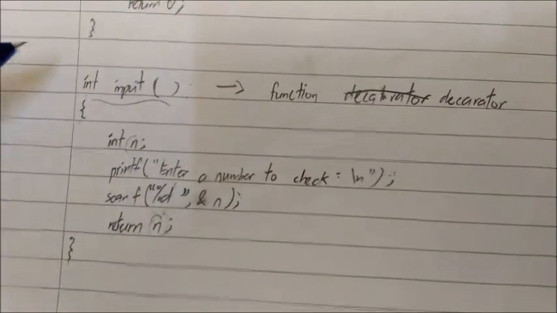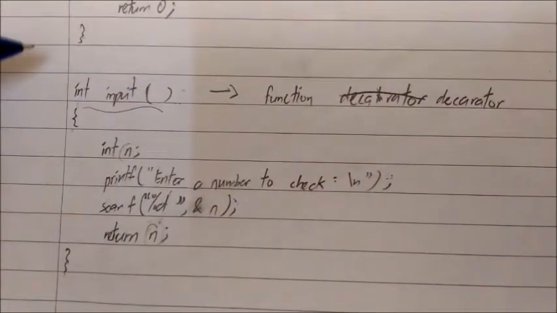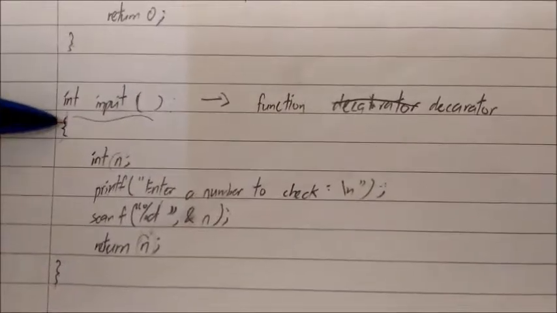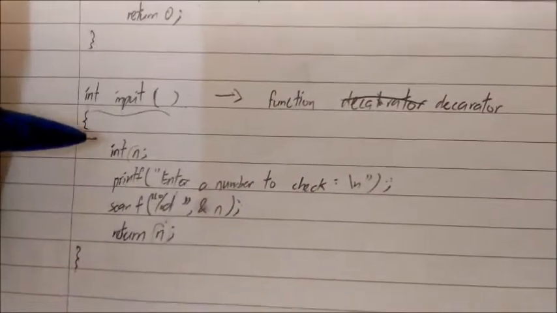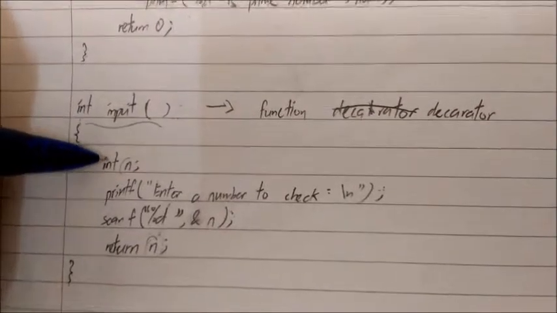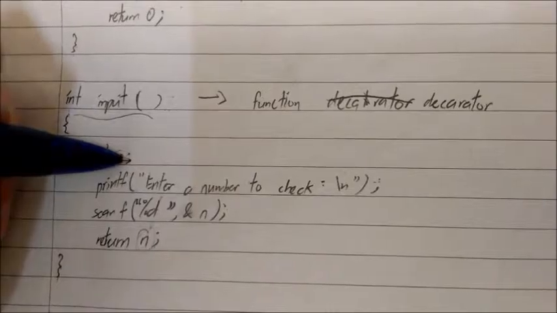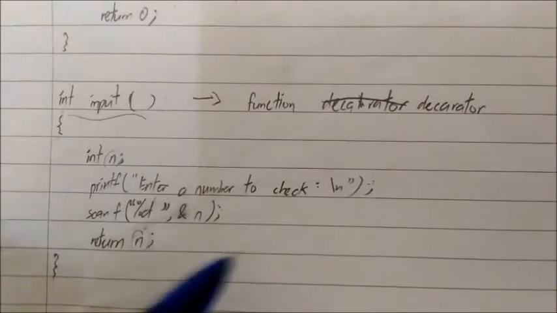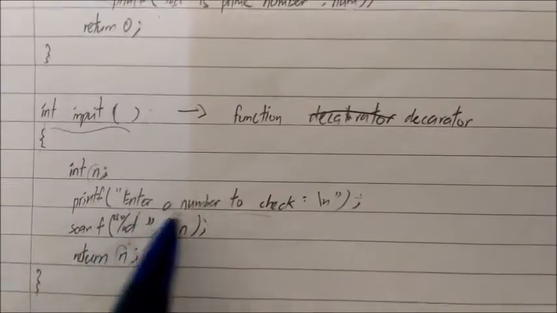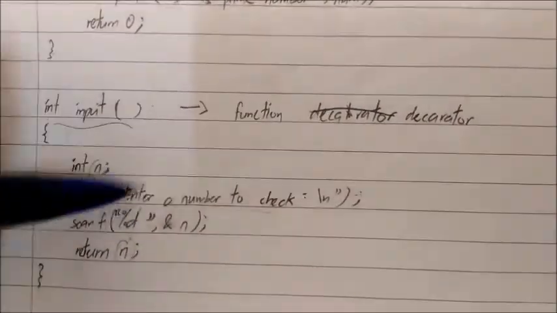And also in the function declarator, we must put the curly bracket. In the function declarator, we use integer n, and printf. This statement will also display in the output.